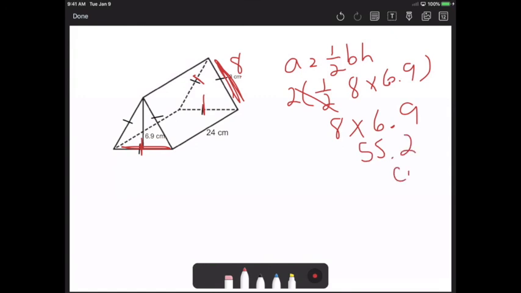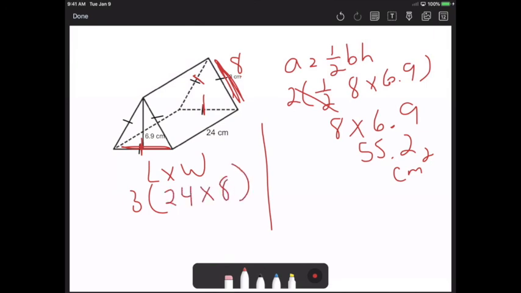And 8 times 6.9, we're going to get 55.2, and that's centimeters squared. Then for the rectangles, it's length times width, but we have 3 rectangles. So it's 3 times 24, which is the length, times the width, which is 8. So 24 times 8 will be 192. And we have to times it by 3. Let me rewrite that.